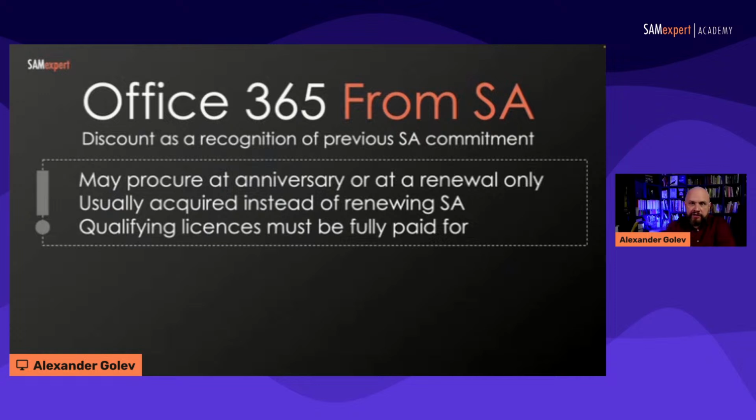There are also licenses that are losing momentum right now because, at least in the Western Hemisphere, with the exception of maybe countries like Germany, the majority of the organizations have somehow migrated or introduced Microsoft 365 in their licensing estate. But for those who are still migrating and those who continue renewing these licenses, what you need to remember is there are Office 365 from SA, and also Microsoft 365 from SA SKUs, the positions on the price list, and they're discounted.